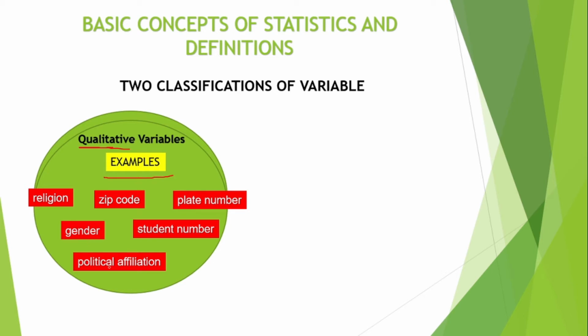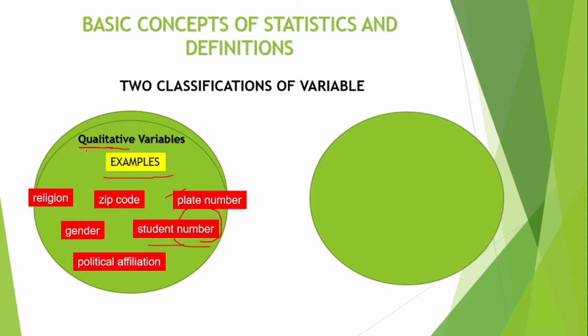Political affiliation, zip code, student number, and plate number. When we say student number or plate number, since meron ditong number, bakit sinabing qualitative pero may number? Because student number pertains only to one person. Hindi naman siya kinakount. You just have your own unique student number. Yun yung ibig sabihin ng qualitative variables.